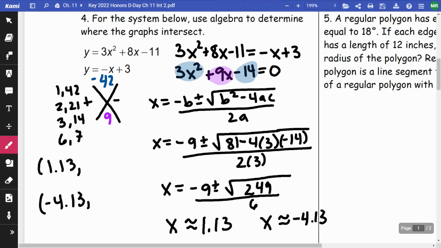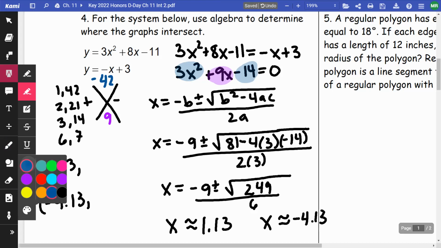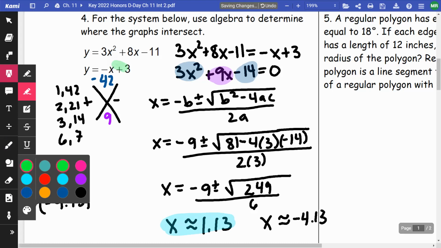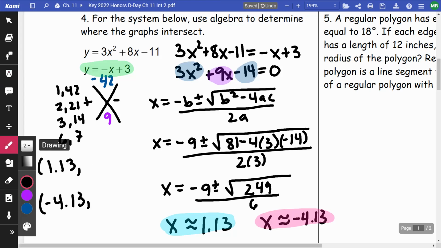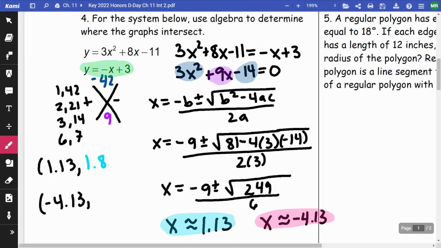I am then going to put those 2 numbers, this one here and this one here, in. So when I put in my negative 1.13, basically negative 1.13 plus 3, I get a positive 1.87.